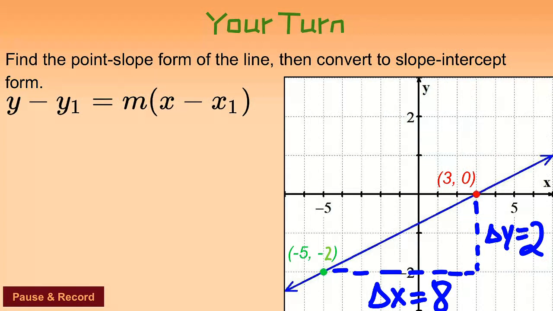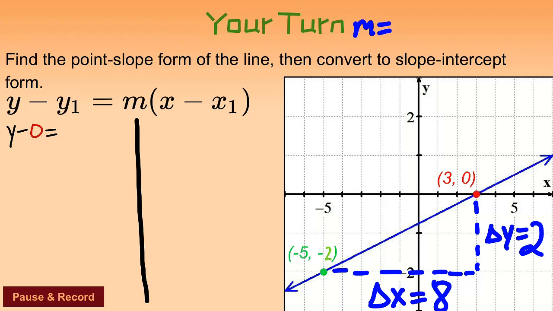We're going to use both points again. So in this one, we'll start with the red point, y minus, y minus. The y value of the red point is 0. Oh, that's nice. Is equal to the slope. Remember that the slope is equal to delta y over delta x.